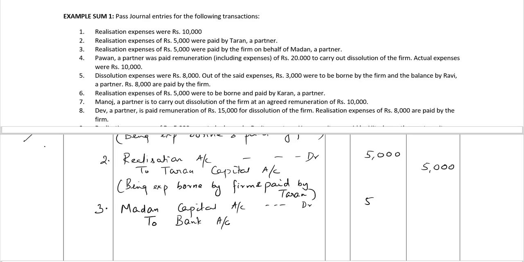Amount 5,000 rupees. Narration, being expenses borne by Madan and paid by firm.